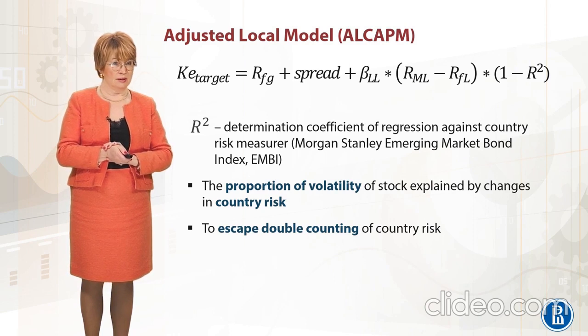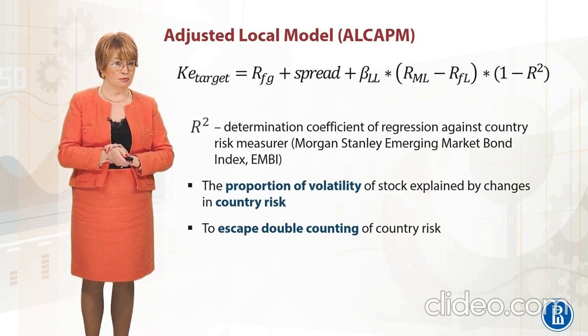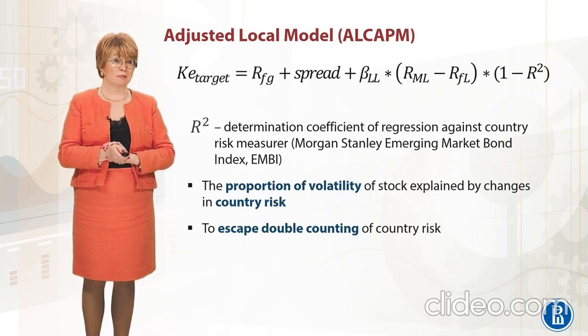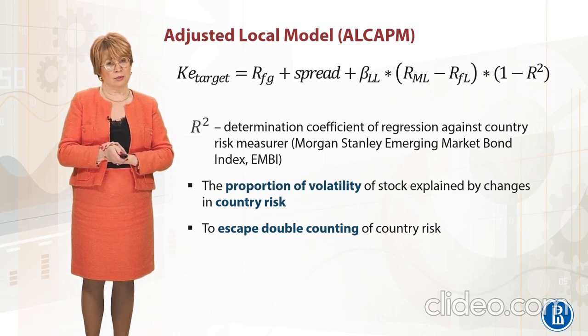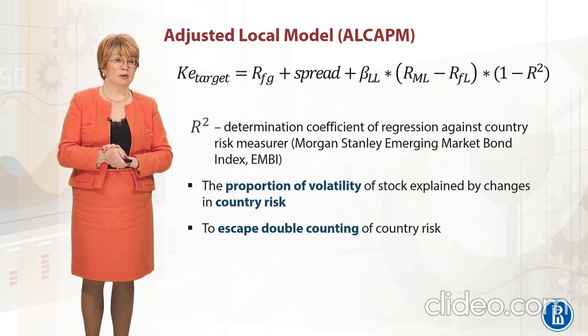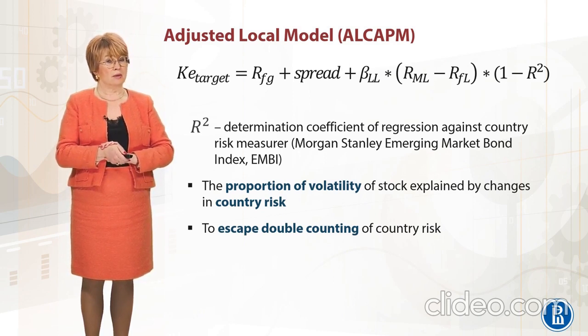That's why in some papers, researchers recommend adjusting that local model for the country risk and using the R-squared, which is the determination coefficient, when running the regression against some country risk measure. In that particular model, this is the measure provided by the Morgan Stanley Emerging Market Bond Index.